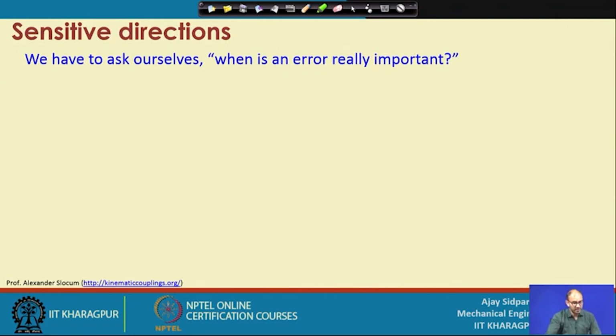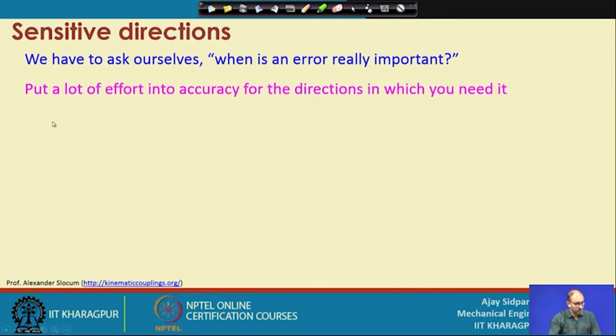Because many times some errors occur in the process, but they may not be very critical when you are getting a part out of it. So, first you have to find out what those errors are and how important it is to remove them. So, put a lot of effort into accuracy in the direction in which you need it.